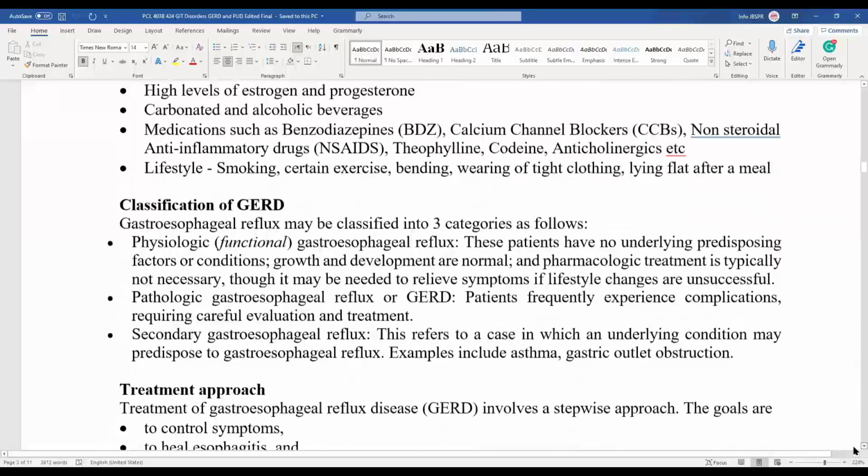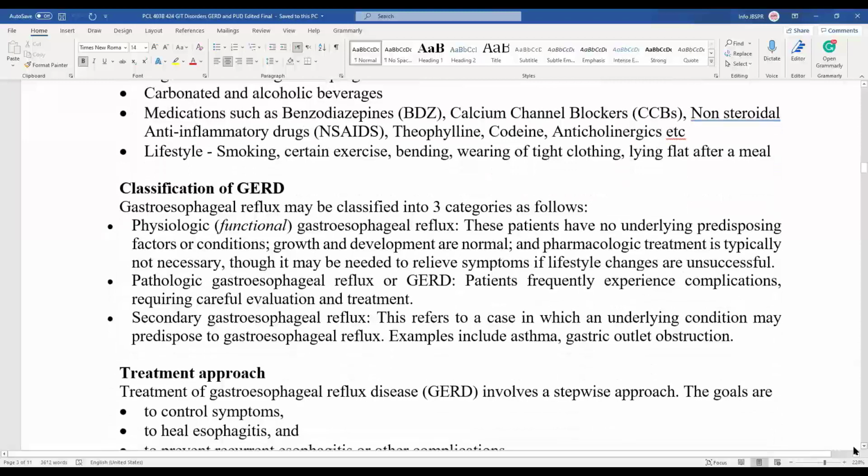Then GERD can be classified into three: the physiologic, or what is termed functional gastroesophageal reflux, whereby there's no other predisposing condition. It's just that there's a reflux of the gastric content, but it doesn't have any additional factor or additional morbidity.